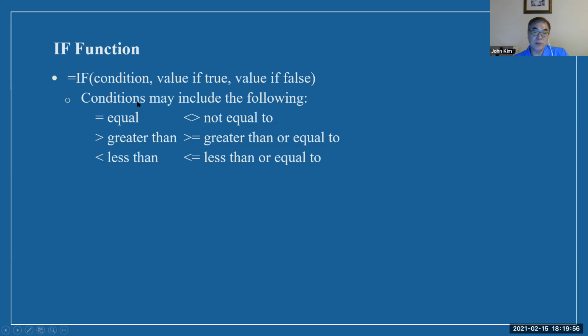And then the condition: when we specify a condition, we can use the equal sign, the same, not equal. In that case, we use less than and greater than signs together, greater than or equal to together, less than or equal to together, like this.